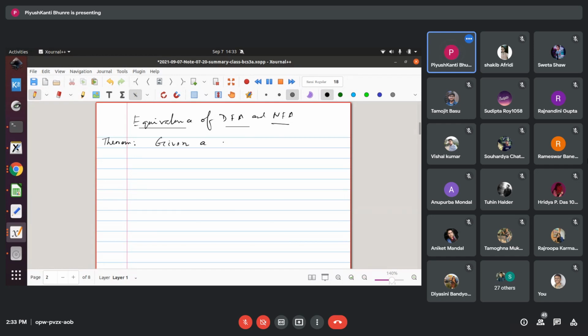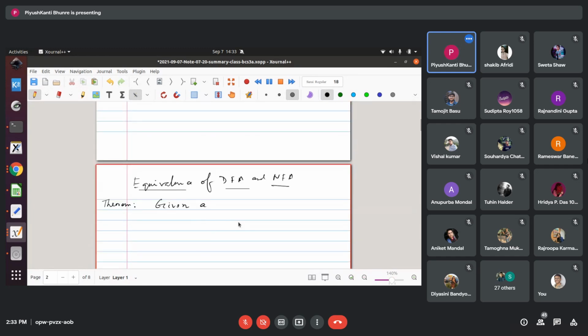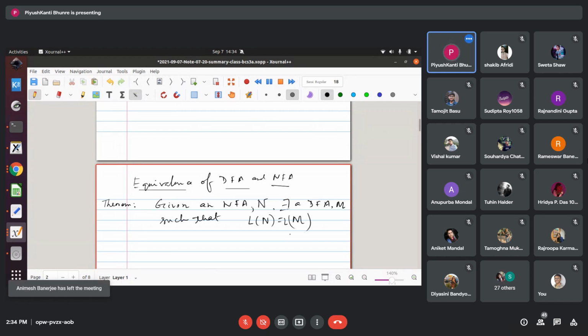Given an NFA, say call it N, there exists a DFA, say call it M, such that the language recognized by N is the same as the language recognized by M.